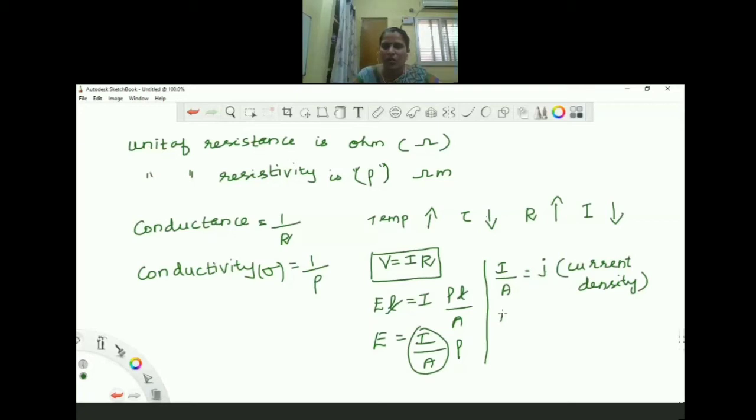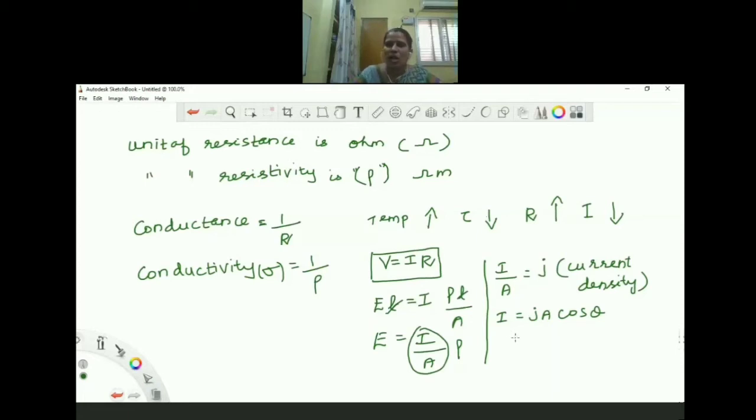If you have two vector quantities and the final quantity is a scalar, you will have the dot product. So you can also write I is equal to JA cos theta, where J is the current density, and the unit of current density is ampere per meter square.